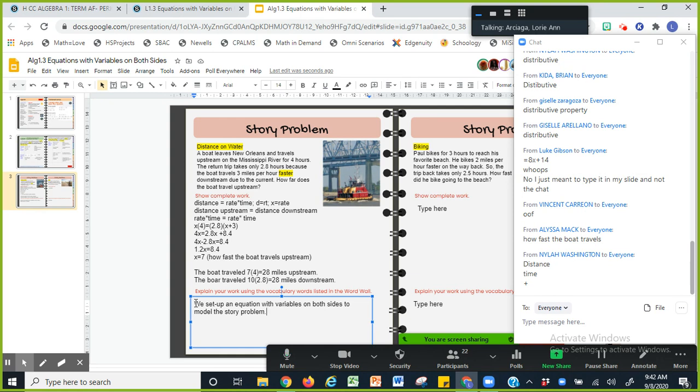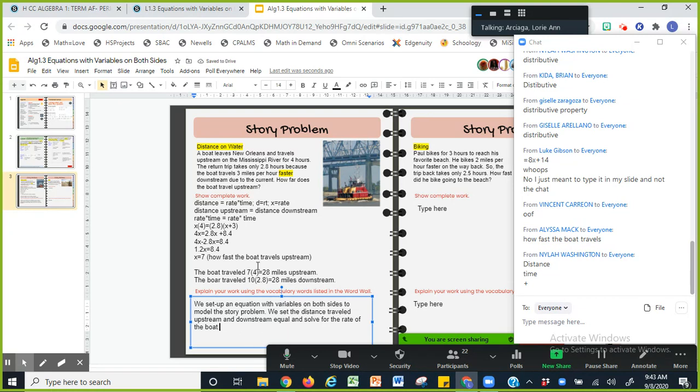And then we set the distance traveled upstream and downstream equal, and solve for the rate of the boat.